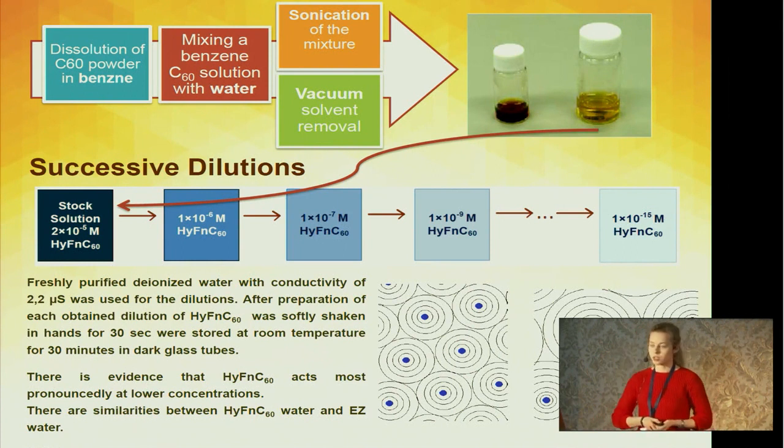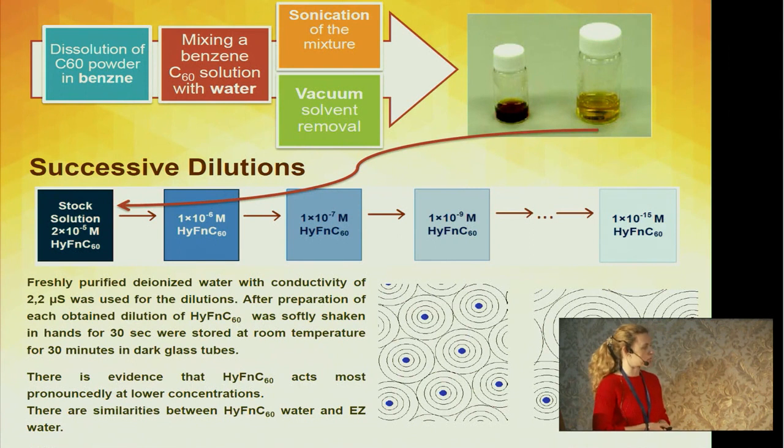All these manipulations are conducted using purified deionized water, and we use some sort of homeopathic routine, which includes shaking a little bit of these solutions and keeping them in dark places for quite a short period of time. And there is evidence that hydrated fullerene works best at lower concentrations, not at comparatively high concentrations.